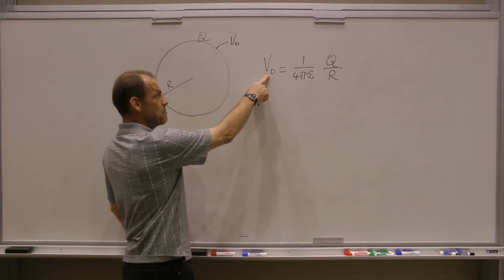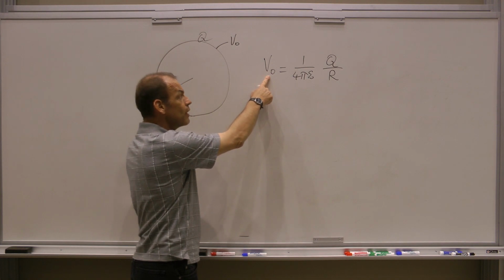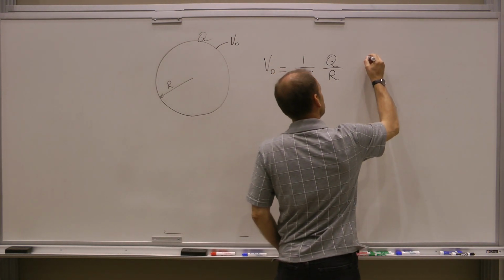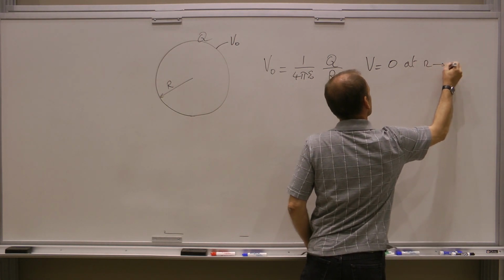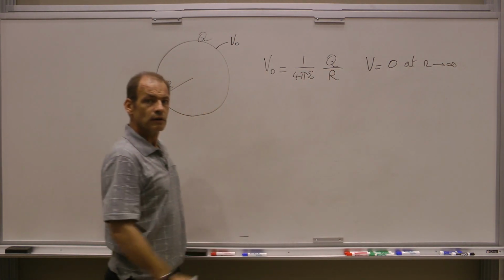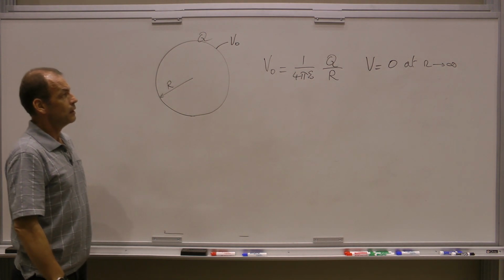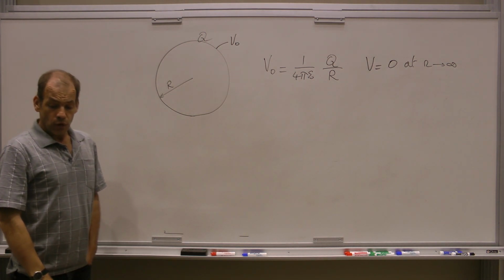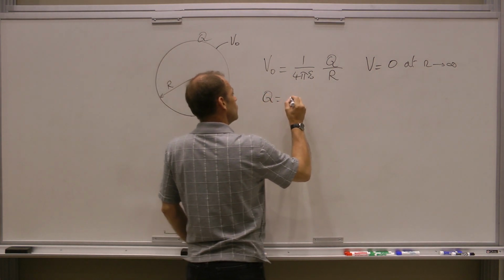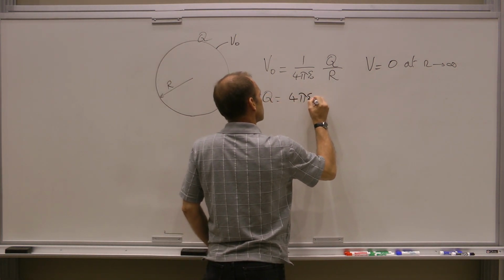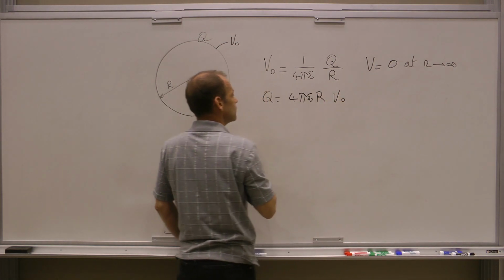Now this implies that we have defined a reference potential, and of course we take V equals 0 at a distance r going to infinity. Classic reference value for that situation. So I'm going to extract Q out of this. Q is equal to 4 pi epsilon 0 r times V0.